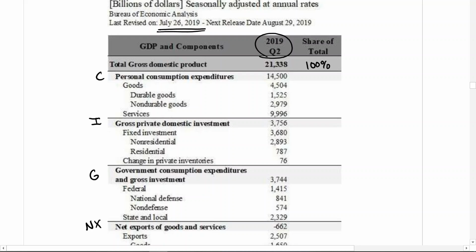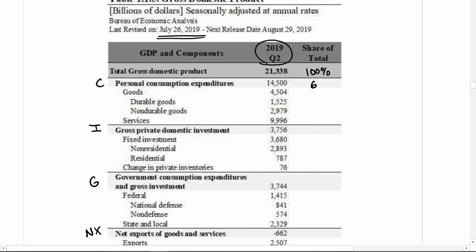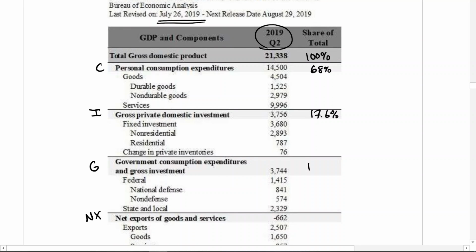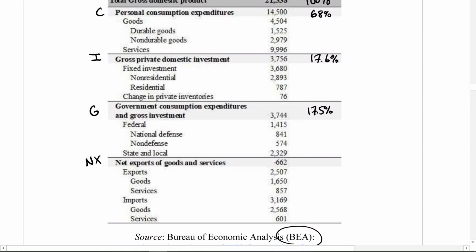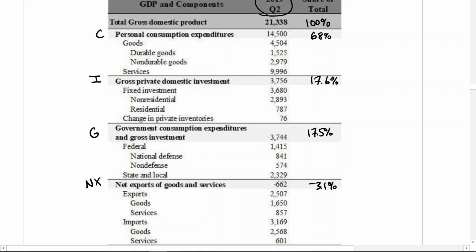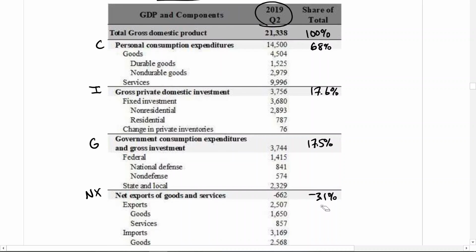So if you calculate those, you should come out to about 68% in consumption, 17.6% for investment, 17.5% for government spending, and negative 3.1% for net exports. 3.1.